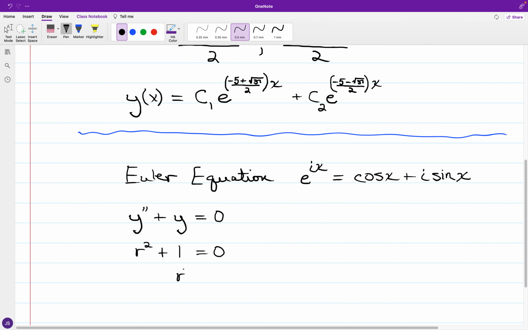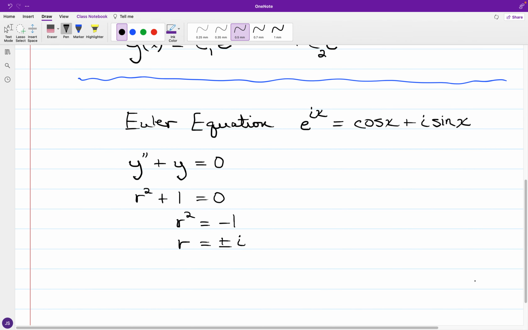If I isolate r squared, we have r squared is equal to negative 1, and so r is equal to plus or minus i.